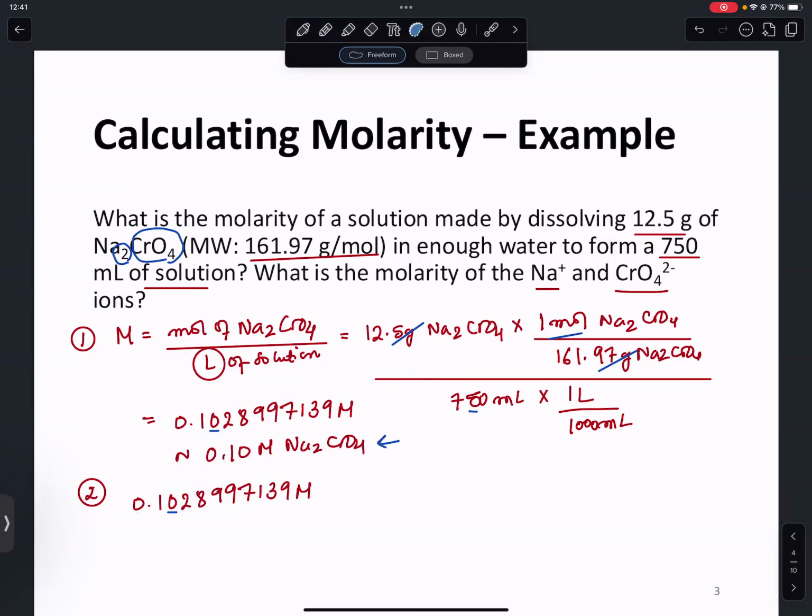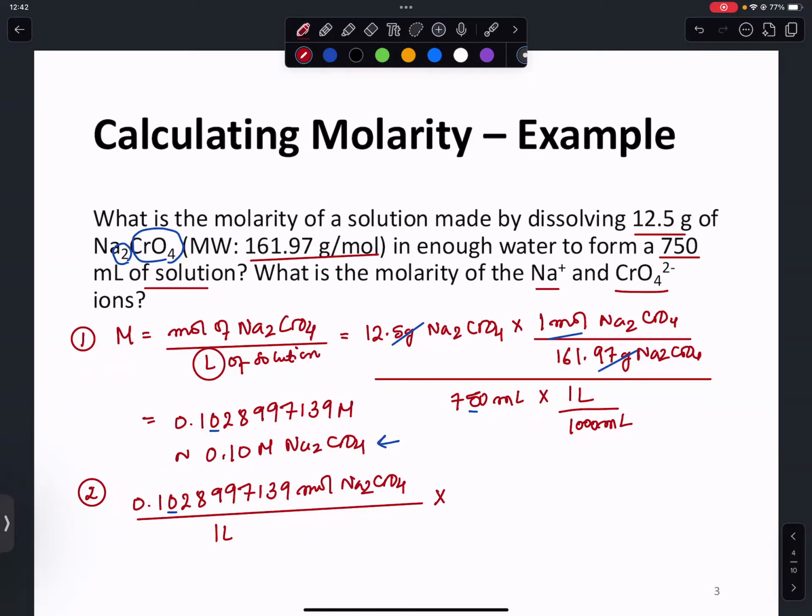Okay. And I'm going to say, instead of molar, I'm going to say moles of sodium chromate in 1 liter. And then I will start with the sodium ion.